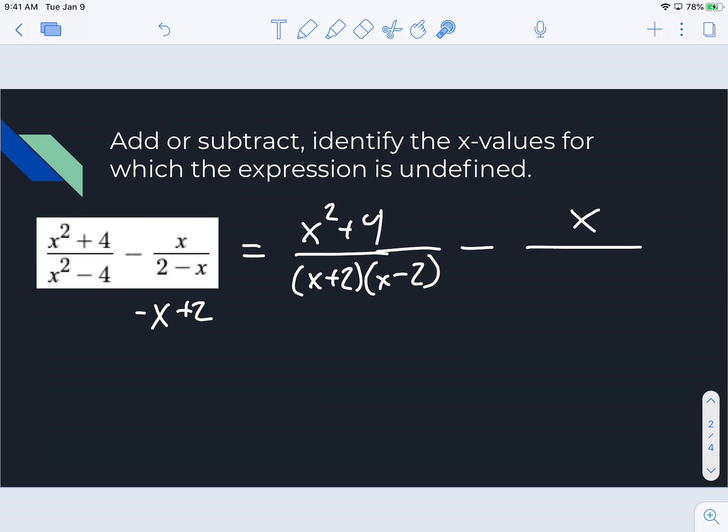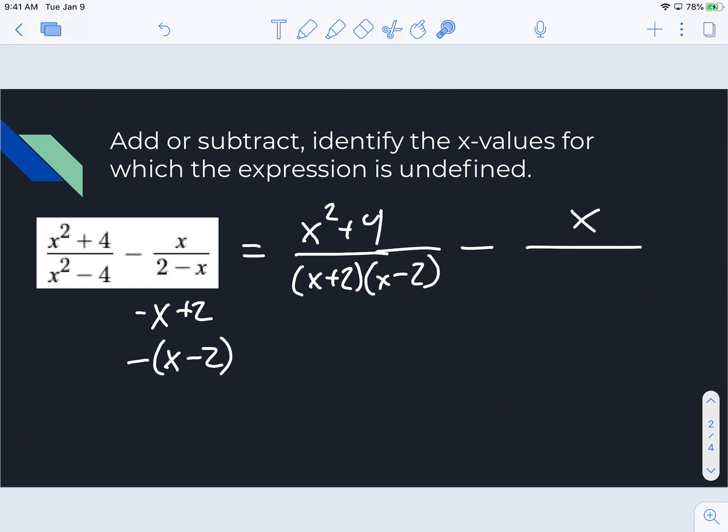But that's more work than we need to do, because if I factor out a negative 1, I would make it negative x minus 2. And now I do have a factor that is common with this side. And there's one other little piece with this negative that's going to be handy and make this subtraction a little bit easier.